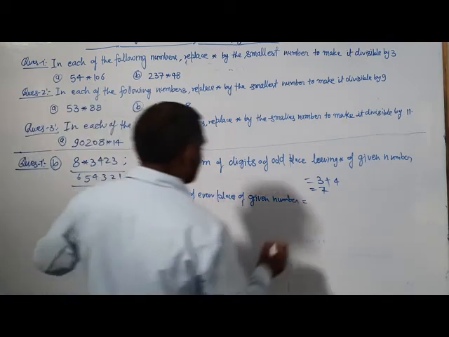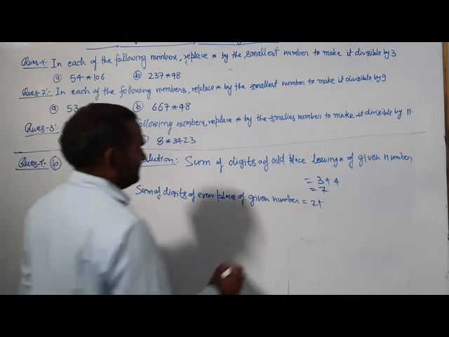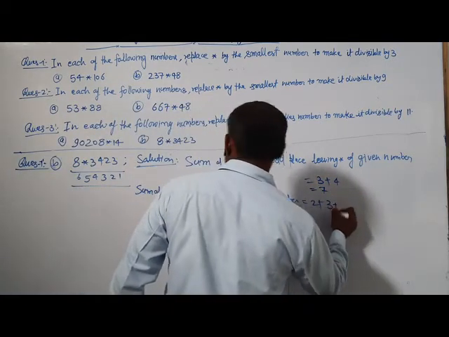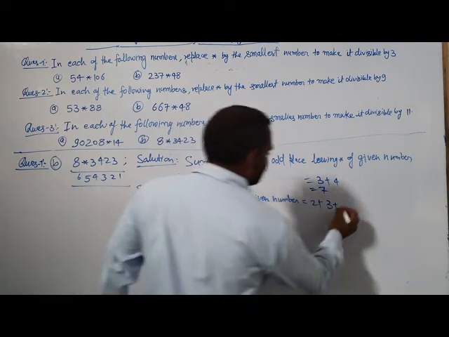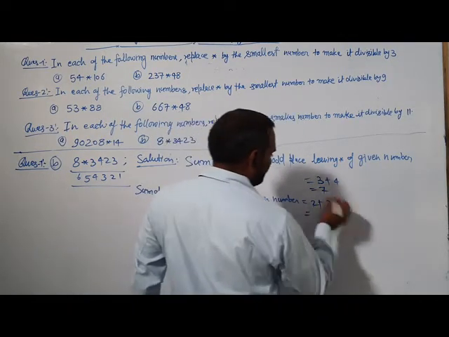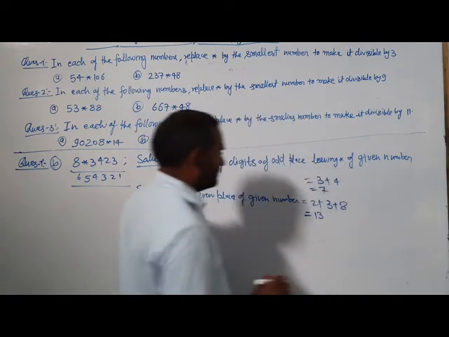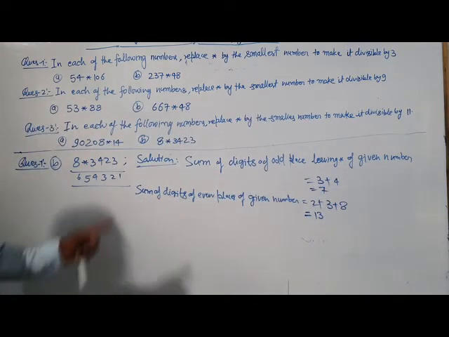Second place is 2, fourth place is 3, sixth place is 8. 2 plus 3 is 5, 5 plus 8 is 13. So 13 and 7.